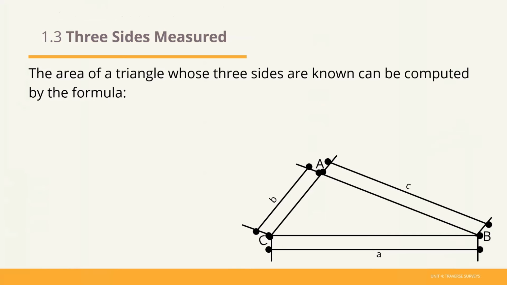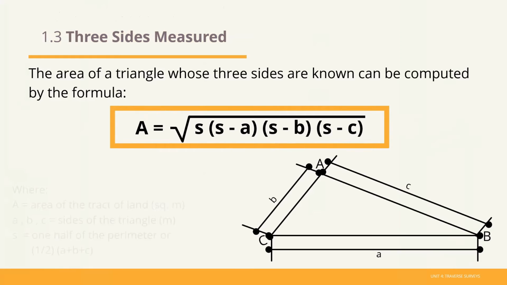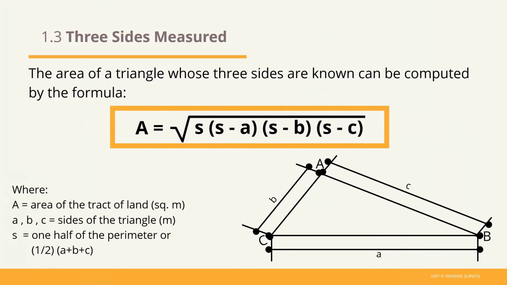This states that the area of a triangle whose three sides are known can be computed by the formula area is equal to the square root of S times the quantity S minus a, times the quantity S minus b, and times the quantity S minus c, where A represents the area of the tract of land, a, b, and c are the sides of the triangle, and S in the formula represents 1/2 of the perimeter, or just 1/2 of a plus b plus c.